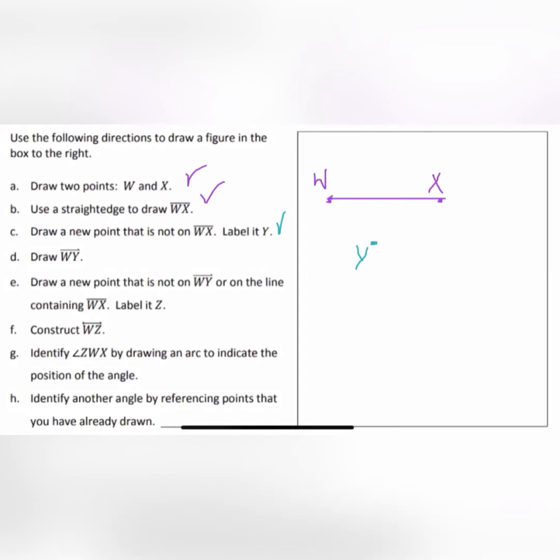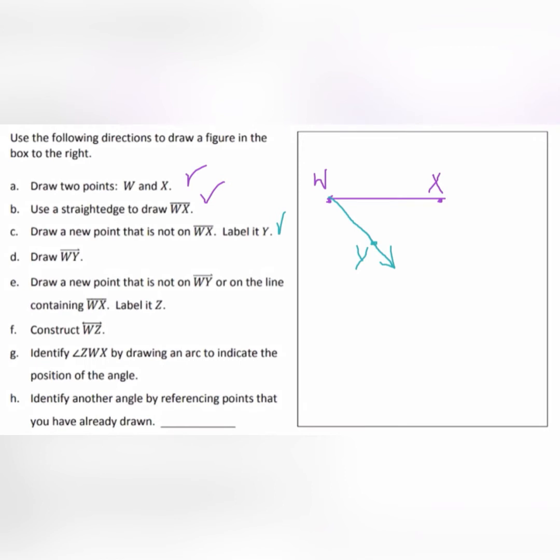So I'm connecting W and Y. And because it's a ray, I go past the dot, the point where I put Y, because I'm extending it. And that just shows that there's an end point, right, where it connects with W. But because it's a ray, one side of it, the point near Y, has to keep going.